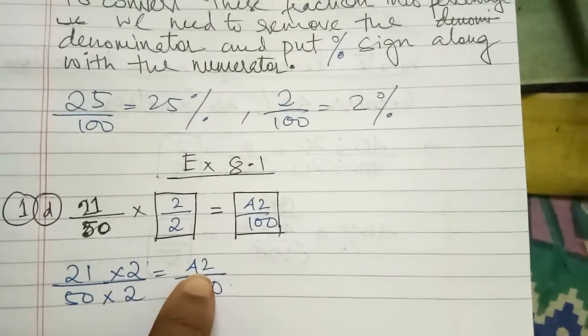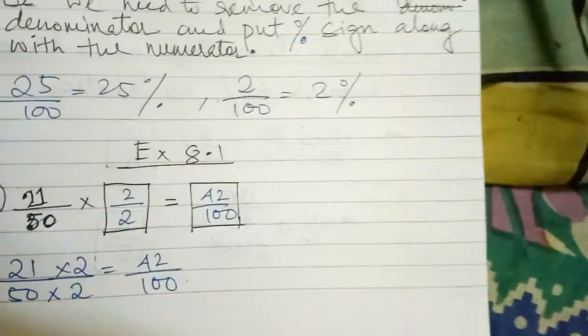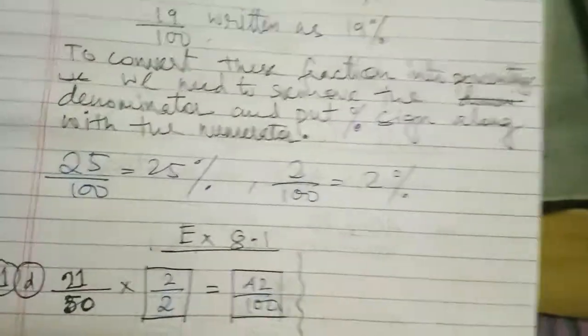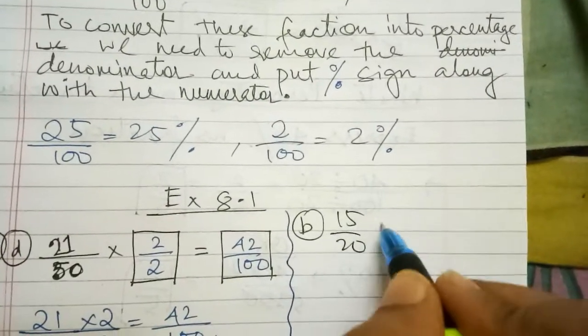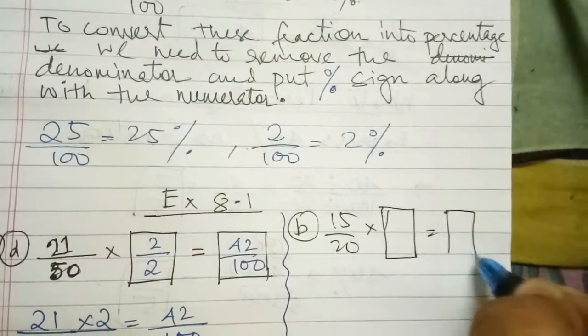Okay. Next, if I do one more sum from these exercises, suppose I am writing the B part. B is given over here, 15 by 20 into box equals box.